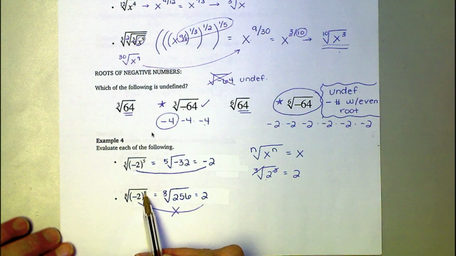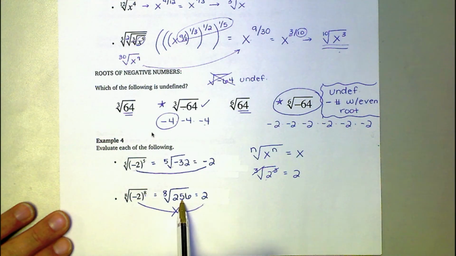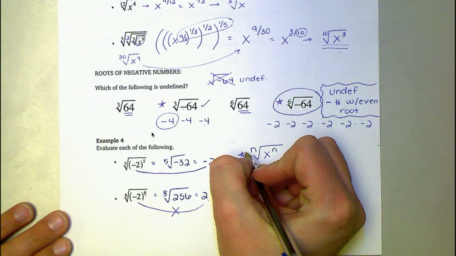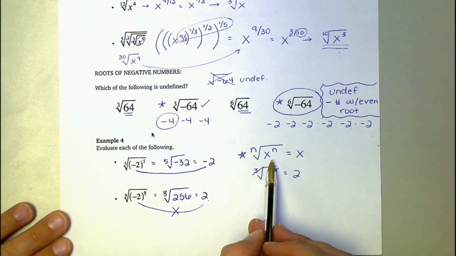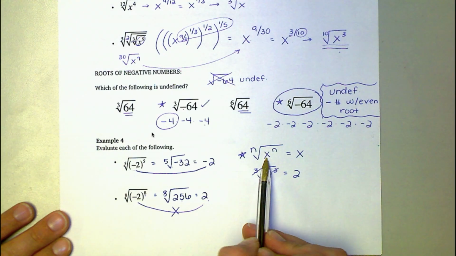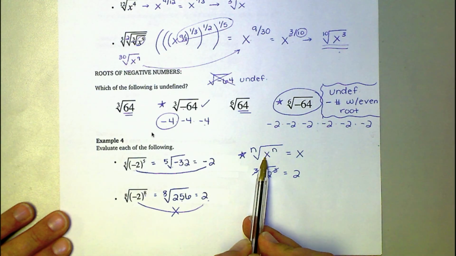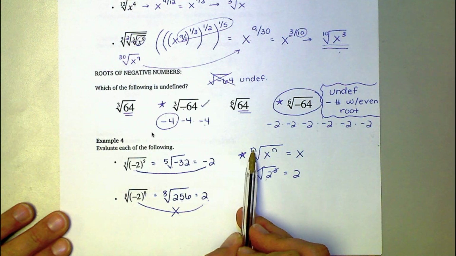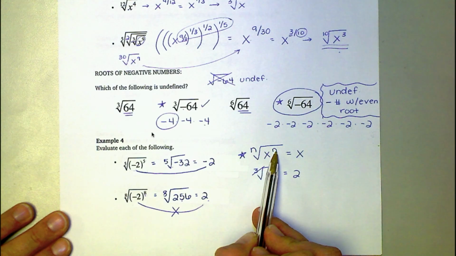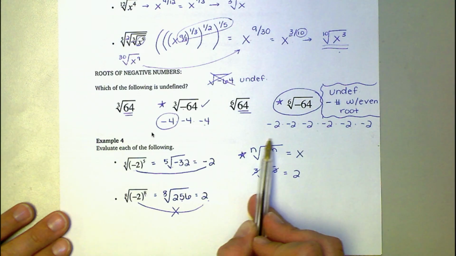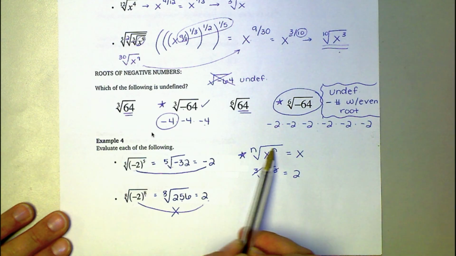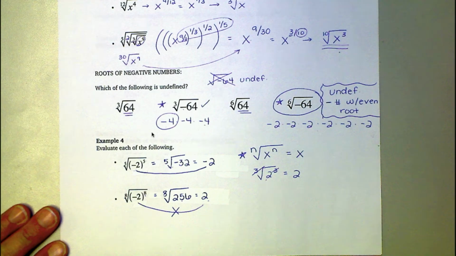Because I raised this to an even power, it canceled out my negative, and then it made my answer become positive. So this right here will work anytime the x is positive, okay? Anytime your x number is positive, this process will work just fine. If x is negative, it'll only work with odd powers and roots, okay? So again, this kind of setup will always work for positive numbers. For negative numbers, it only works when you're working with an odd root and power, okay? Because otherwise your negative sign gets canceled out.